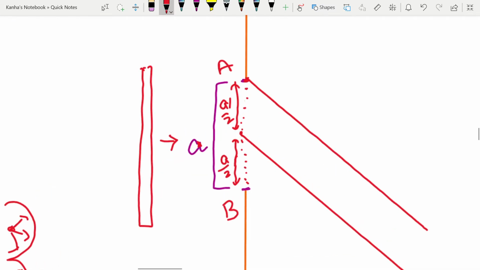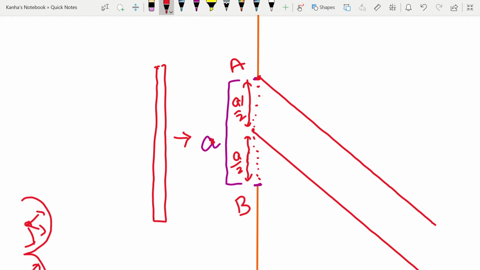If you look closely here, and if you couple, let's say, this point to the midpoint, the second point to the second point below this, the third point to the third point below this, then what you see is you are able to couple all the points giving rise to secondary wavelets on the upper half to the points on the lower half by a relation where each is at a distance of a by 2 from each other.